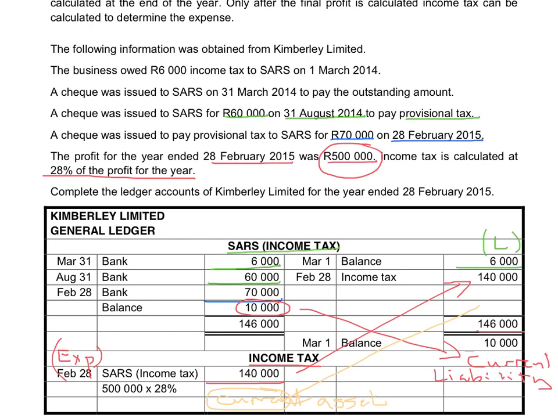What is the effect of a current asset? It means that we paid too much provisional tax to SARS. We actually made a smaller profit than we thought, so we paid too much provisional tax, and SARS now owes us an amount of money that they have to pay back to us.